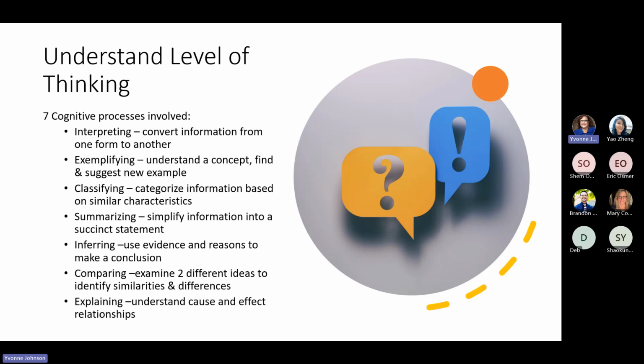Select one of those, and if you would share how one of these might be appropriate for something that you teach. Maybe you have student teachers interpret something or infer something. So let's just take a few seconds and I'll count to 60, just like I asked you all to do. And then if someone would please share, that would be great.